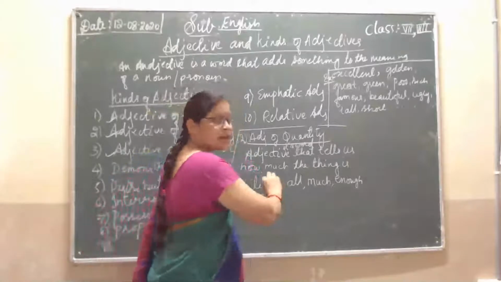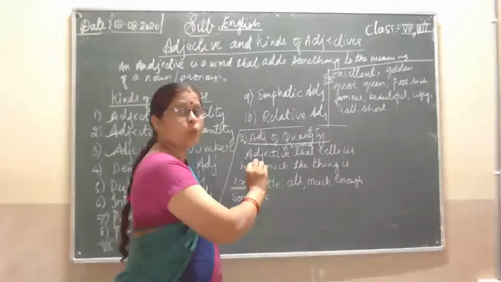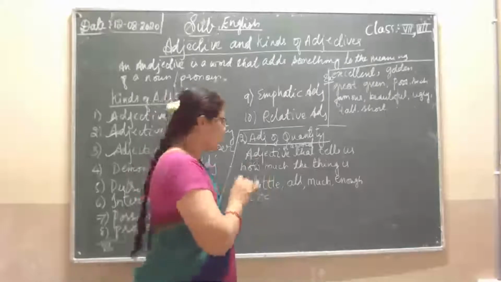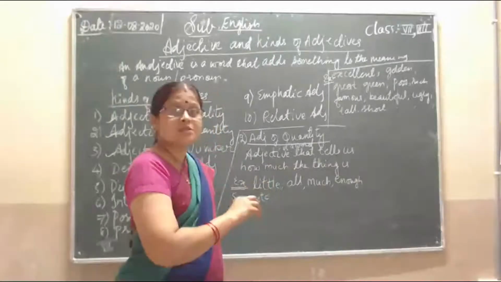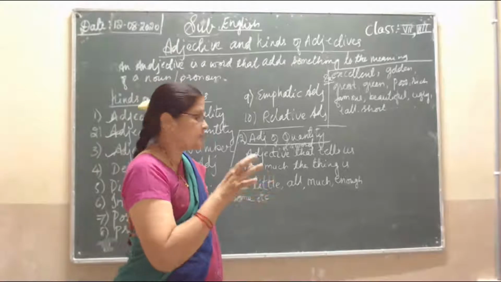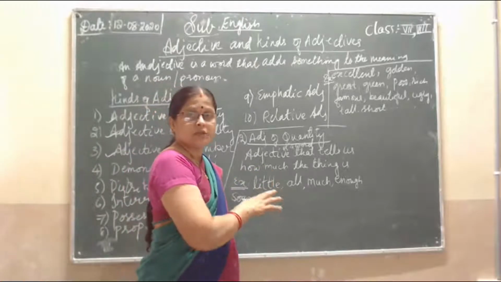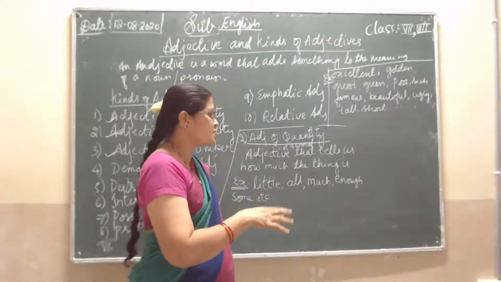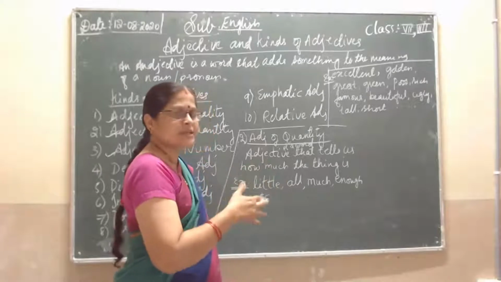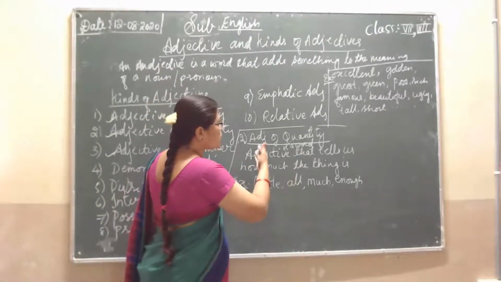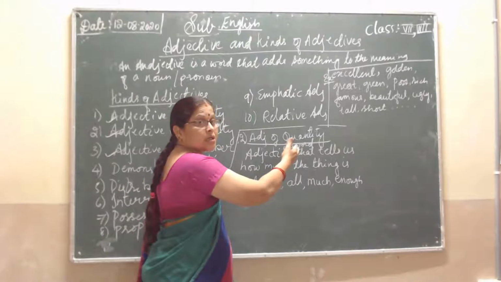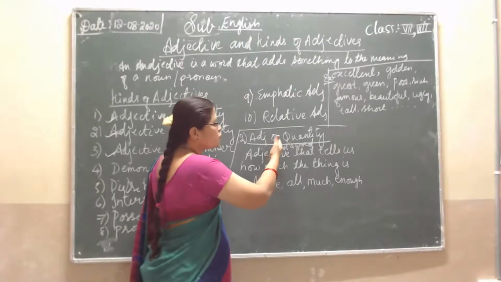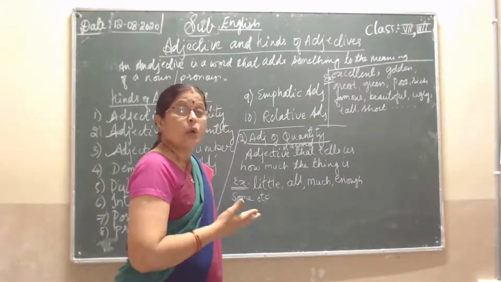Little, exactly, we don't know what it is. Just saying little and all, we are not getting any correct number there. Exactly, all, much, we don't know what the quantity of that is, but we are just saying much, enough, some, etc. This kind of words always give the answers to this question how much. Those words are the adjective of the quantity.